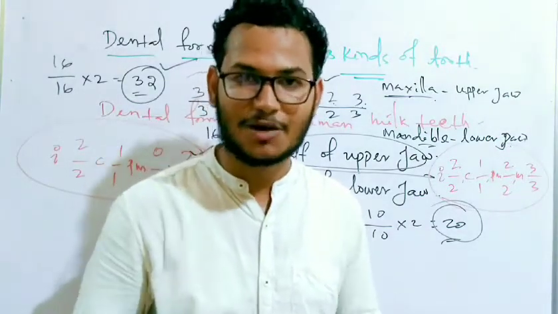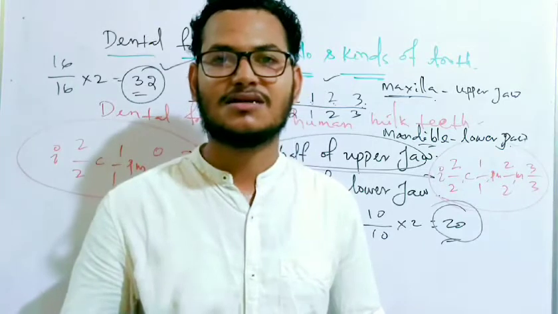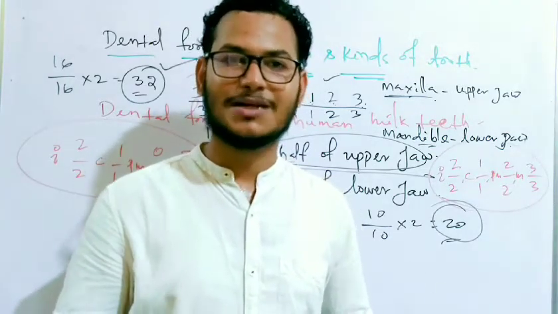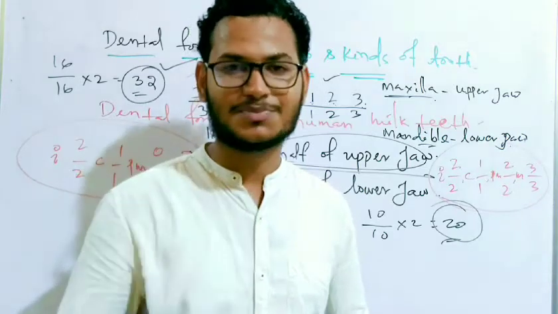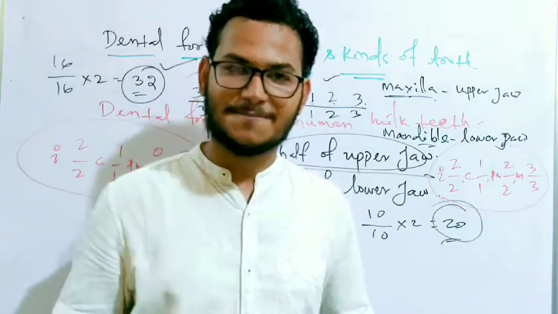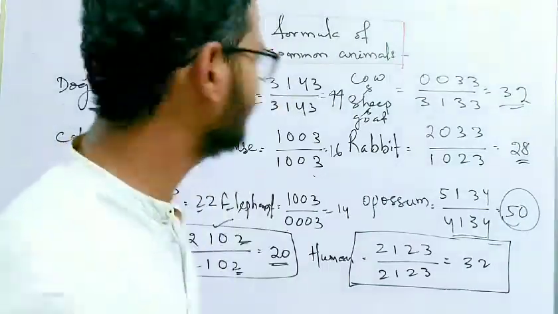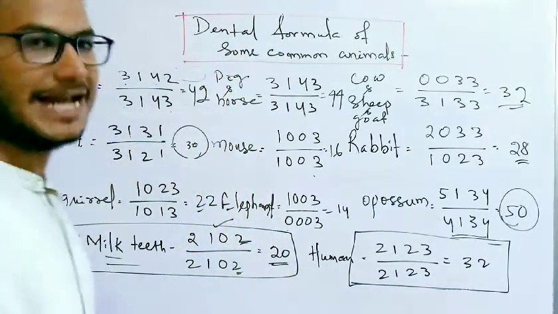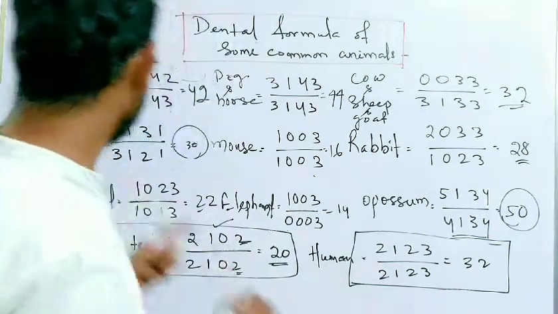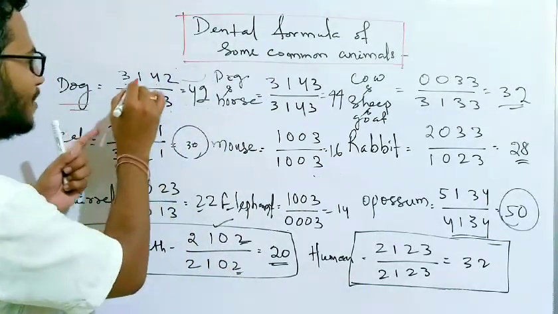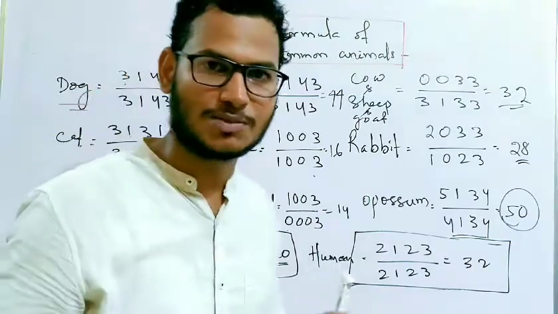So let's discuss some dental formulas and how the formula represents the total set of teeth present in different animals. So friends, here we have the dental formula of some common animals. Look, the first one is dog. Here the dental formula is 3142 by 3143.